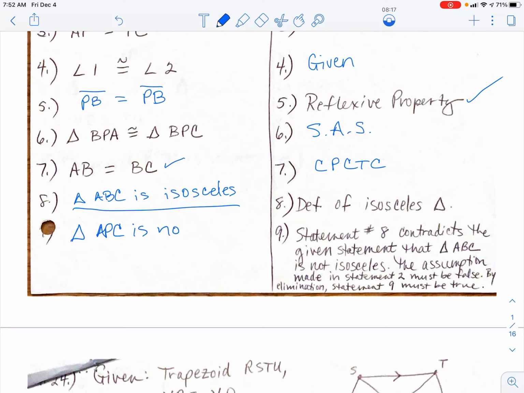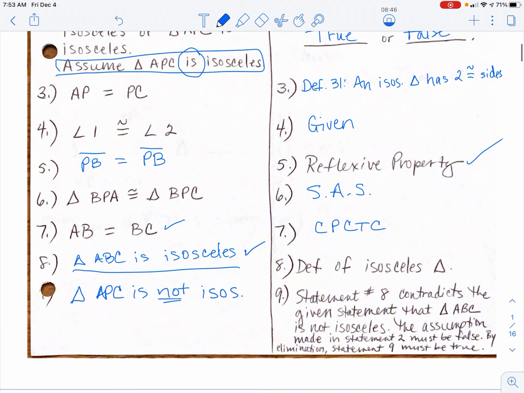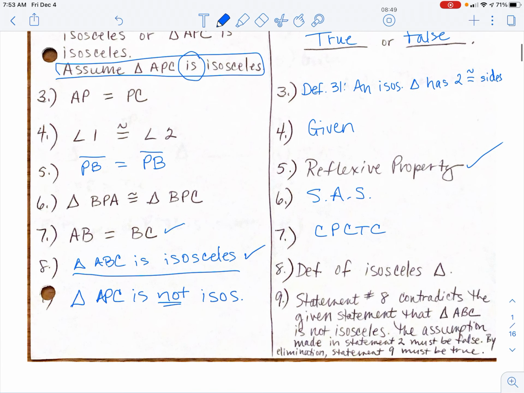That smaller triangle there is not isosceles because we just changed what the given information said, and that's not true. So in statement number 9, the reason is because it contradicts the given statement, and we cannot contradict the given statement. Statement 8 contradicts the given statement that triangle ABC is not isosceles. The assumption that we made in step 2 must be false. So by elimination, statement number 9 must be true.